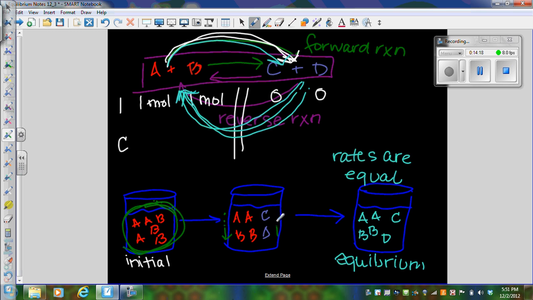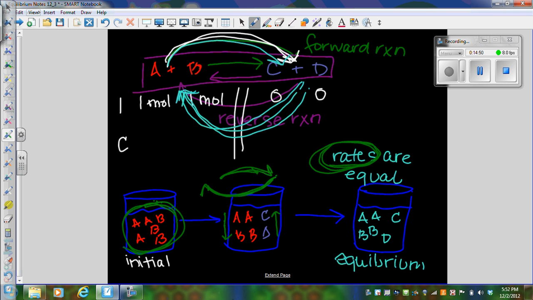The concentration of the products would be increasing. As that happened, the rate of the forward reaction is starting to slow. The rate of the reverse reaction is starting to speed up. So as that happens, that allows more A and B, more reactants, to be produced, which then speeds the rate of the forward reaction.